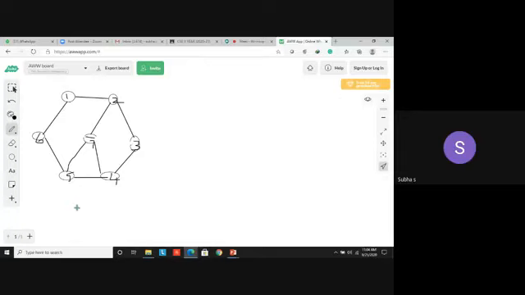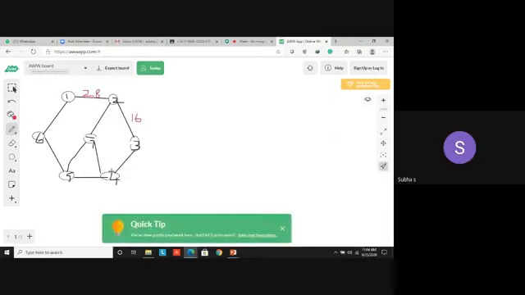Yes. Now you note down the weights for all these graphs. Let me take this 1 to 2, weight as 28. This one as 16. 7 to 4, you are having it as 18.